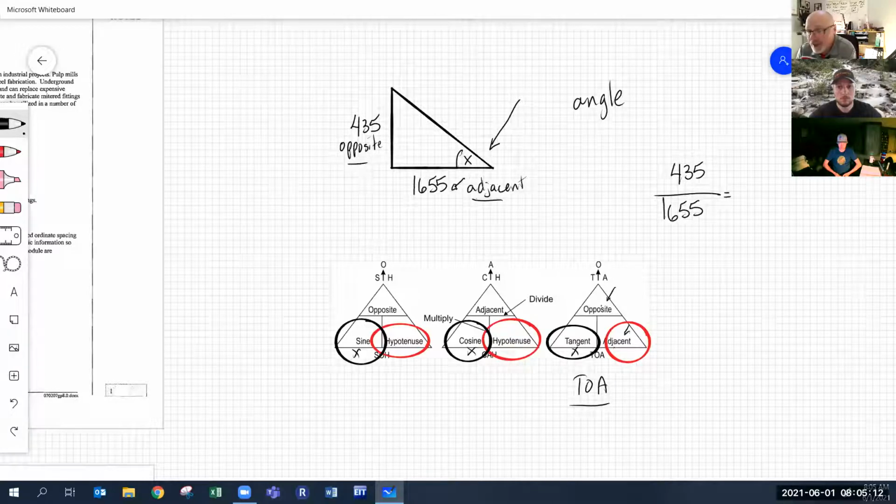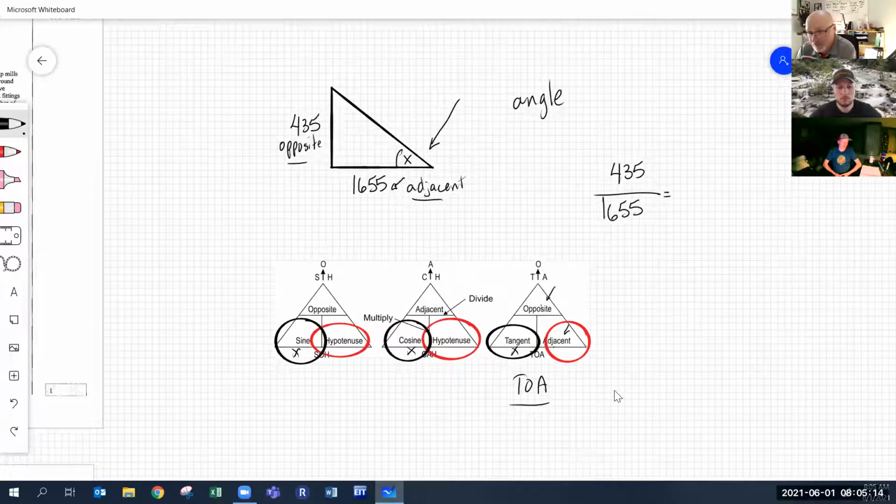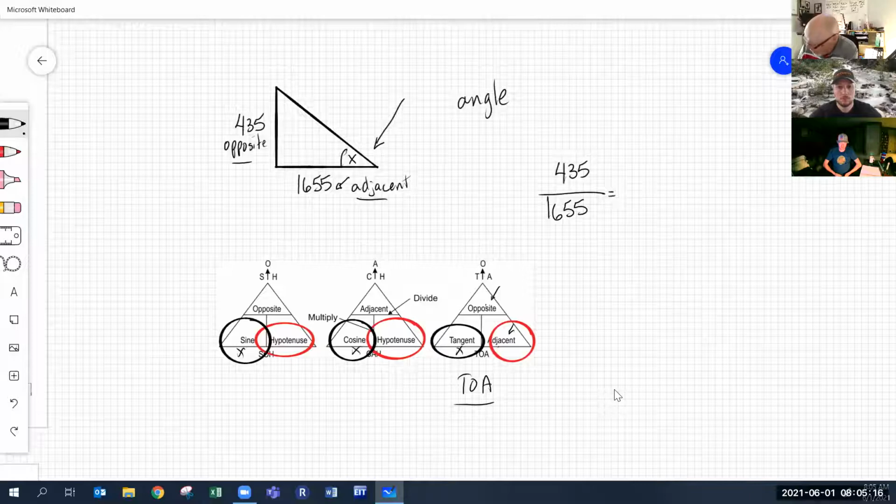If you do that on your calculator, you come up with a ratio, and the ratio comes out to 0.2628, correct?